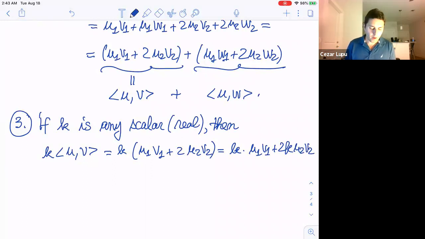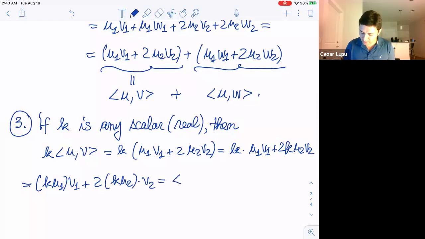Okay. And now clearly this can be expressed as, well, it's obvious. You can write this as k u1 v1 plus 2 k u2 v2, and this is nothing else than just the inner product between ku and v.